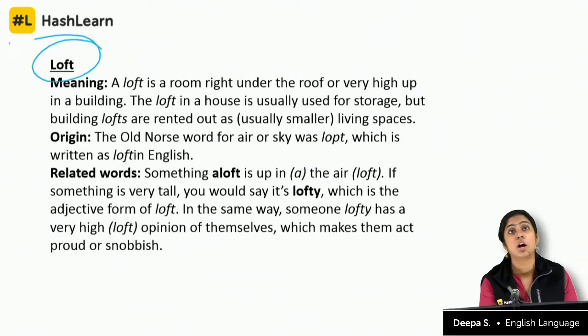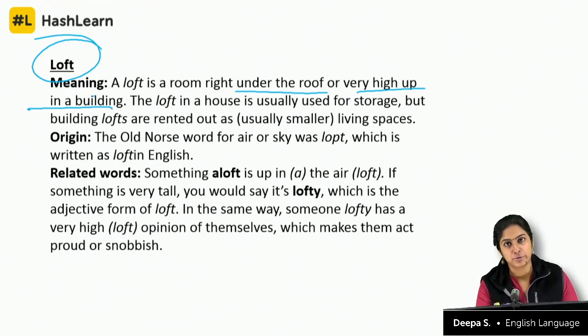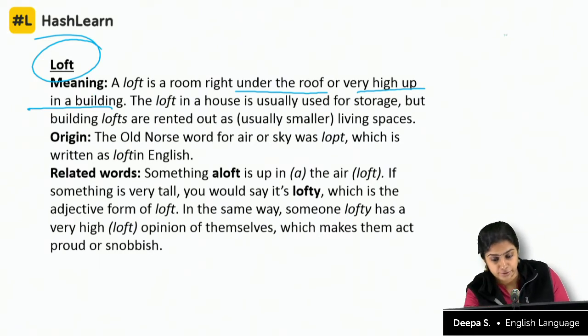Then there is loft. A loft is a room right under the roof or very high up in a building. In India, when you have a shelf on top of the room, that is called a loft. In Western countries, the loft is a room under the roof. Remember that they build wooden homes, right?